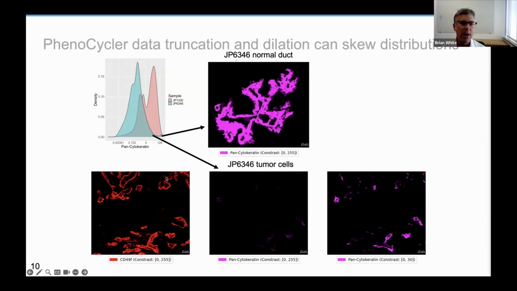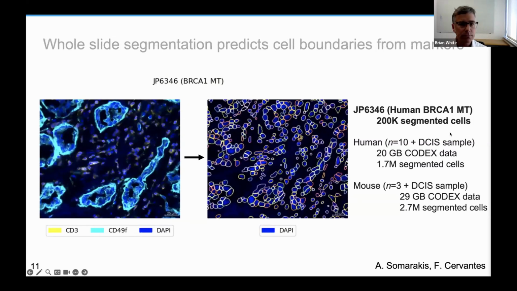This leads to a dramatic shift in the tumor cell expression profile of PAN-CK relative to other samples. Here's the sample I've been focusing on in teal, JP6346. Instead, here's a representative sample, JP1330, which has a more typical distribution profile of PAN-CK in tumor cells, shifted well to the right. This led us to analyze each of the samples independently.